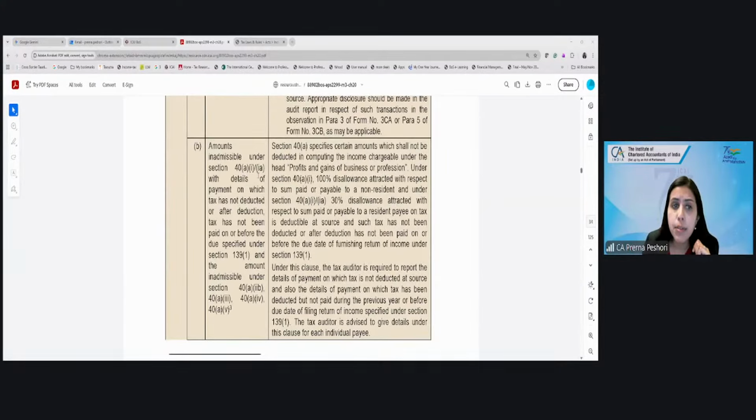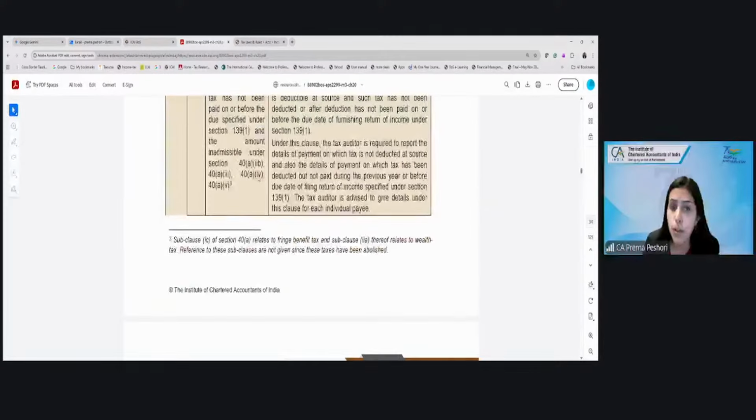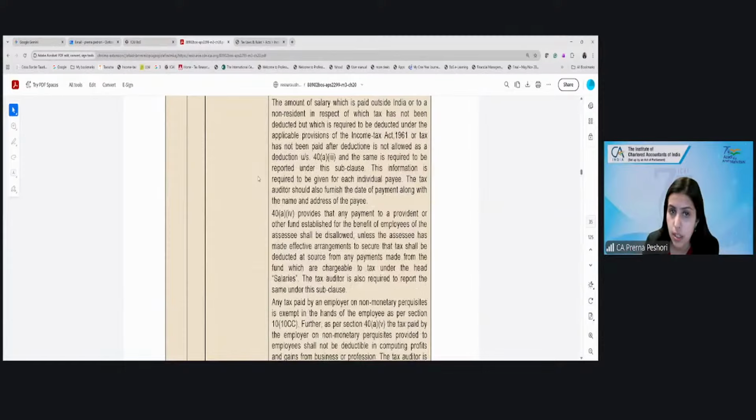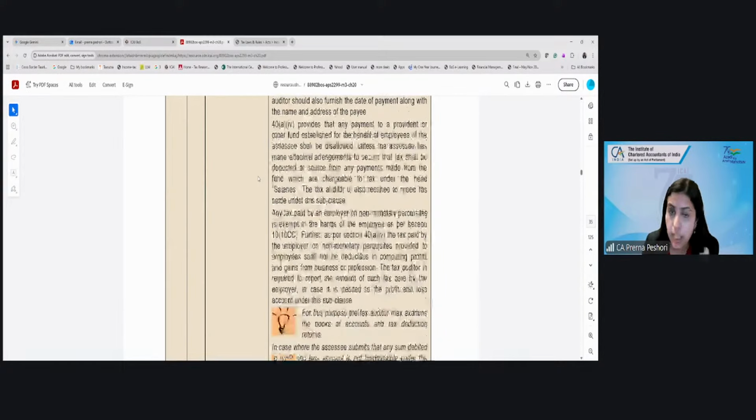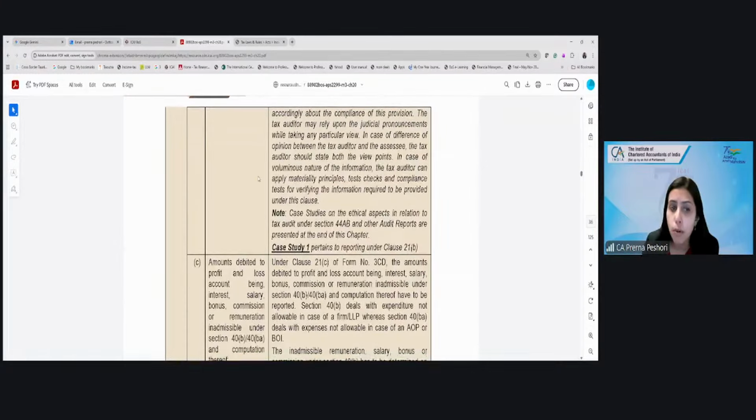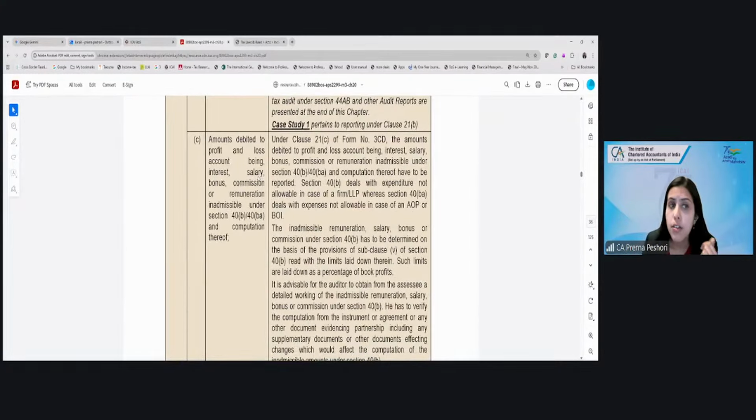Then amount inadmissible under section 40A(1), 40A(1A), which is with respect to non-deduction of TDS or deduction but no payment of TDS. Again, you have to put over here these particular expenses. Then any salary on which the tax has not been deducted, the payment to an unrecognized provident fund, any taxes on the non-monetary perquisites, that you have to put.